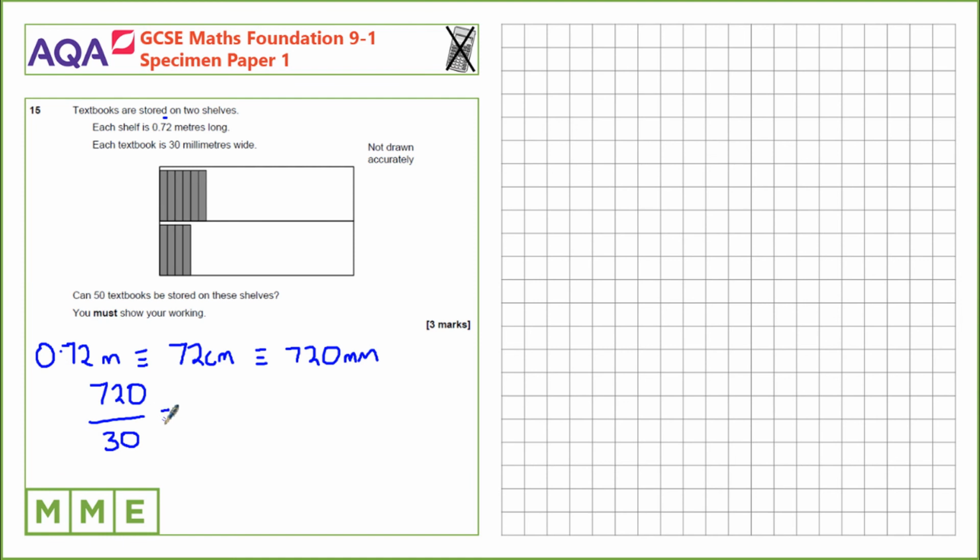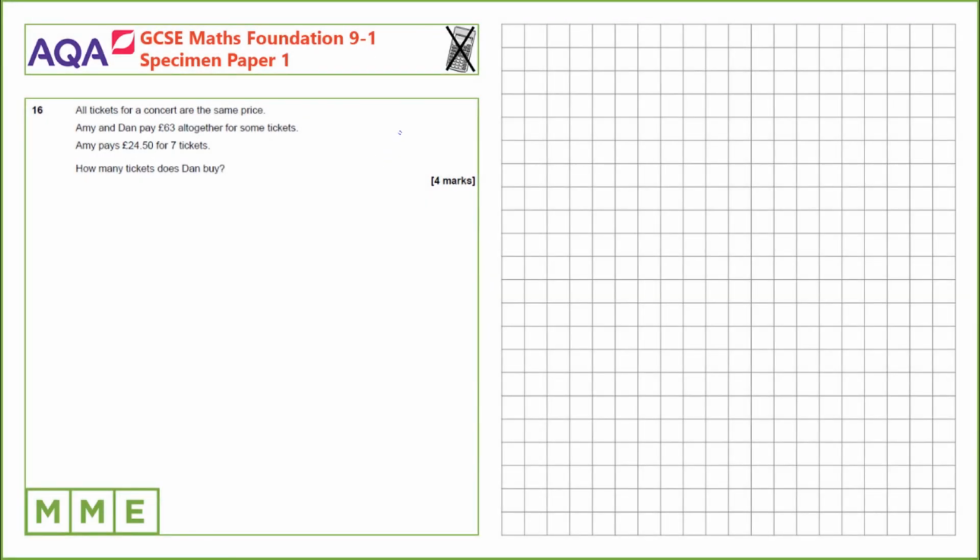This is a bit more complicated, but we notice here that this has a factor of 10 and a factor of 10, so we can simplify that to 72 over 3. 72 divided by 3 is 24. So we can fit 24 books on each shelf. We know that there are 2 shelves, 24 times 2, so 48 books can be stored on the 2 shelves. So, can 50 be stored on the 2 shelves? No.